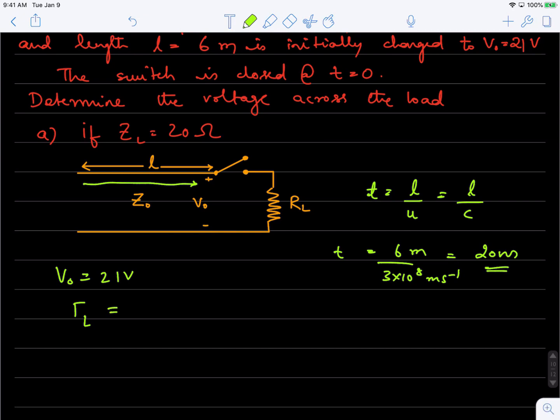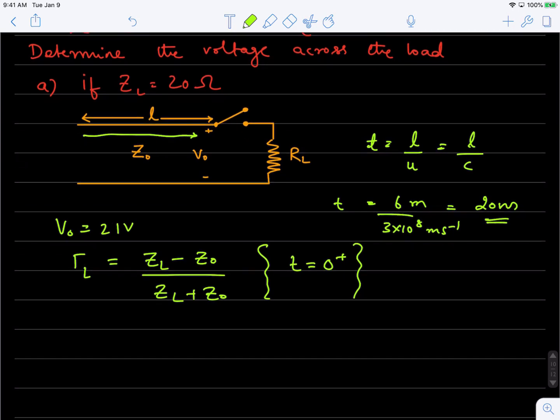Gamma L would be ZL minus Z naught divided by ZL plus Z naught. This is only after t greater than 0, or the better way to say it, t equals 0 plus. Otherwise, gamma L equals 1 because ZL equals infinity, at t equals 0 minus.